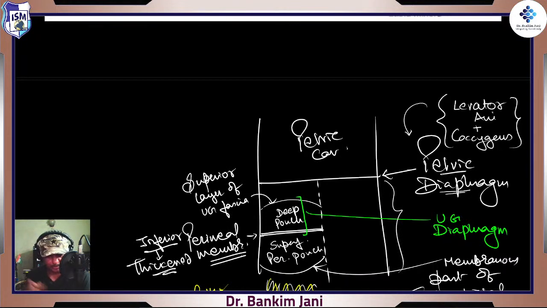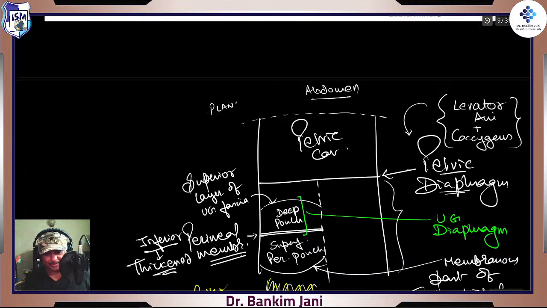So above the pelvic cavity there would be the abdominal cavity. But actually in between both of them there is no physical structure. They are very smartly divided by one very interesting plane, a layer.